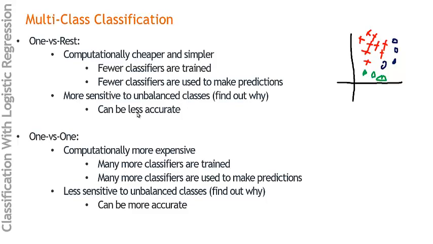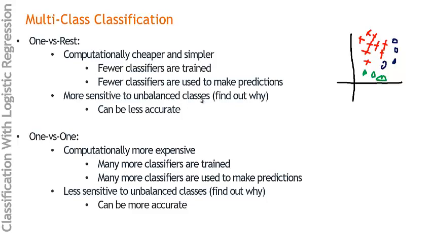Now, what are the relative advantages of the 2 methods? One versus rest is cheaper and simpler, with fewer classifiers. Now we have this bullet point, more sensitive to unbalanced classes. Unbalanced classes means that some classes have many more instances than others. In the examples we've seen so far, all the different classes have had fairly equal numbers of instances in the given data.